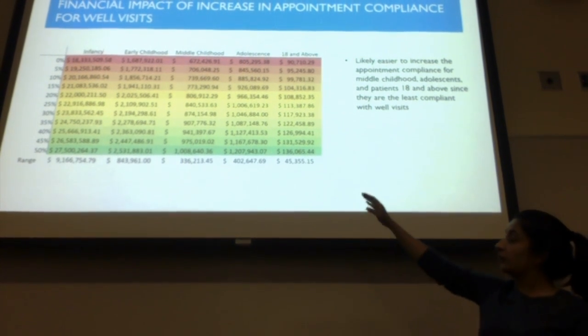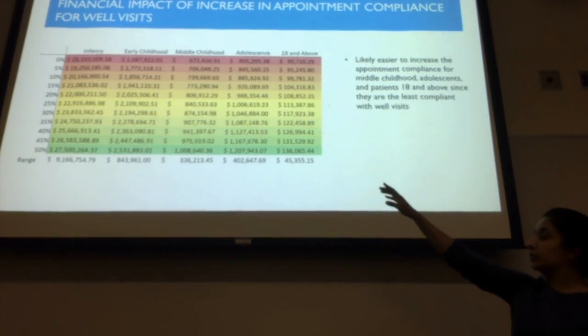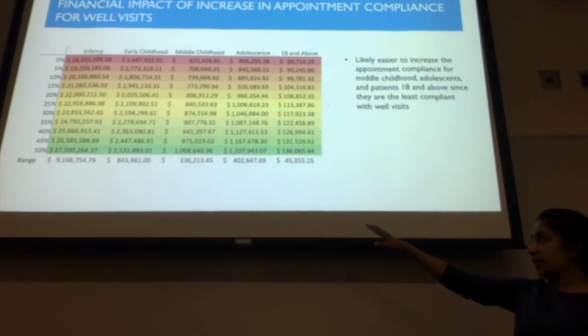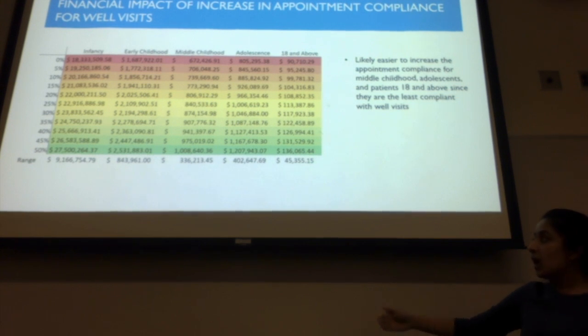At the top part of this graph, you can see the base, where the current state is at 0%. As you increase in increments of 5%, the amount goes up substantially. And the range denotes the maximum minus the minimum of those payments, so you can see which ones have the most impact.